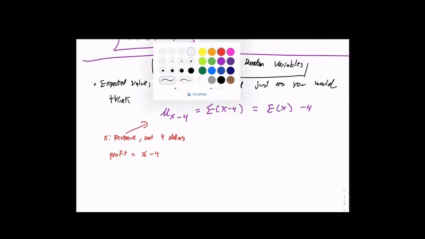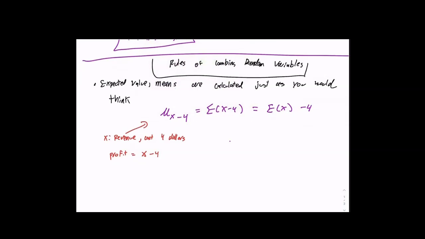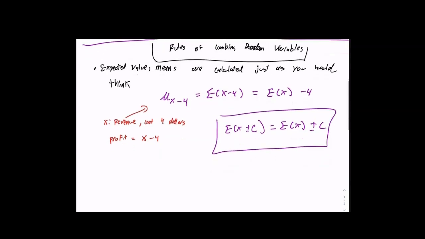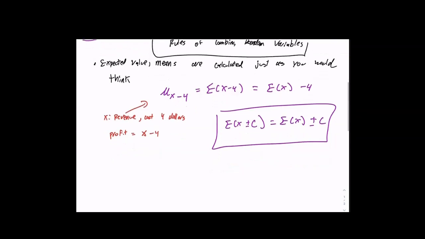This gives us our first major rule: the expected value of x plus or minus a constant is equal to the expected value of x plus or minus that constant. Expected value works exactly like you would think it would.